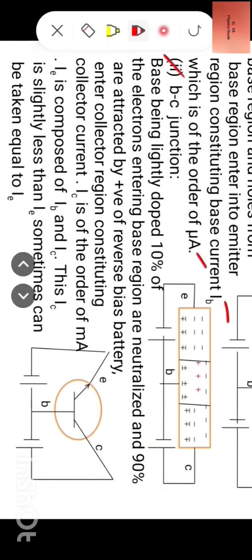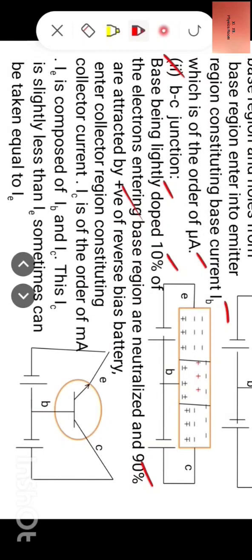Now let us see what happens at base collector junction. Base being lightly doped, 10% of the electrons entering base region are neutralized and 90% are attracted by positive of reverse bias battery.